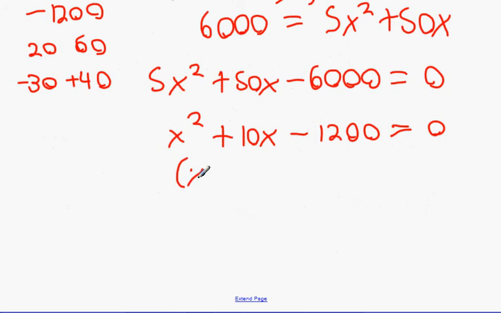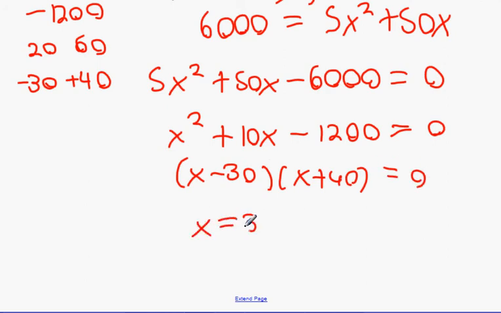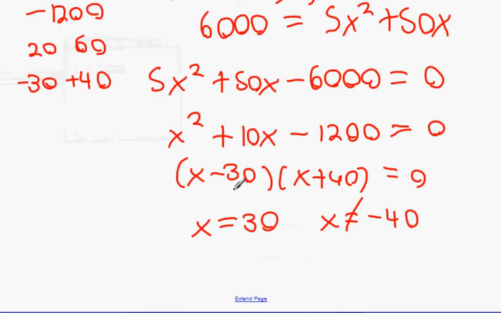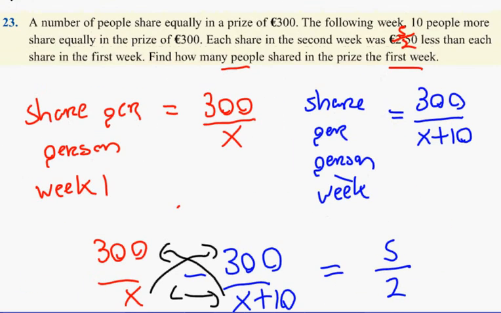So what we get here is X minus 30, X plus 40 equals 0. X will equal 30, which is the correct answer. X cannot be equal to minus 40 because it's a negative number. So basically there are 30 people sharing in the first week. If you reread the question, find how many people shared the prize in the first week. The answer is 30 people.